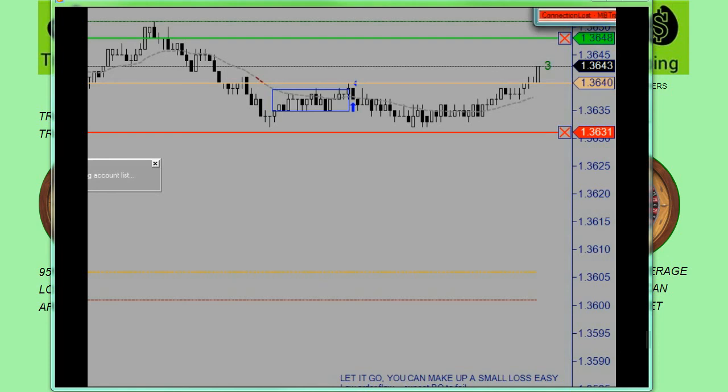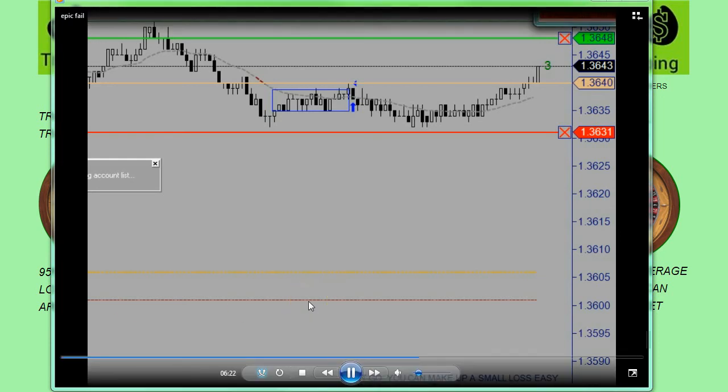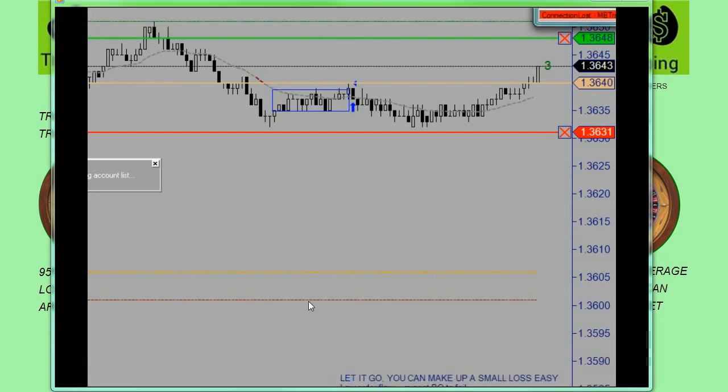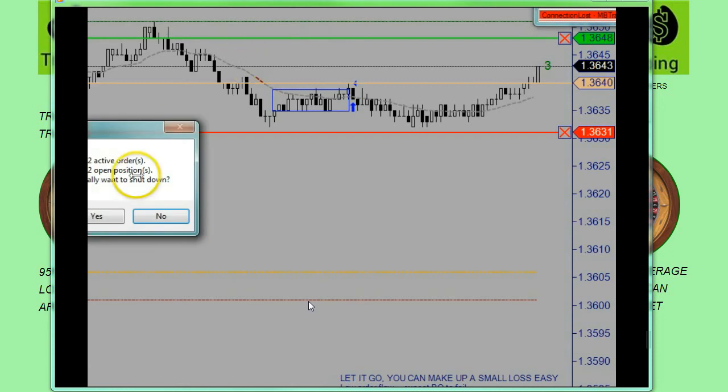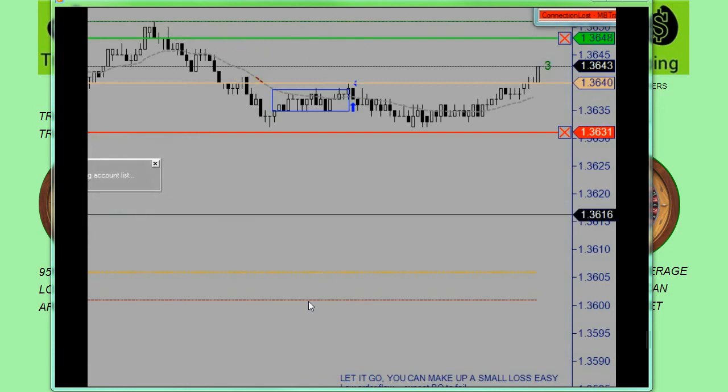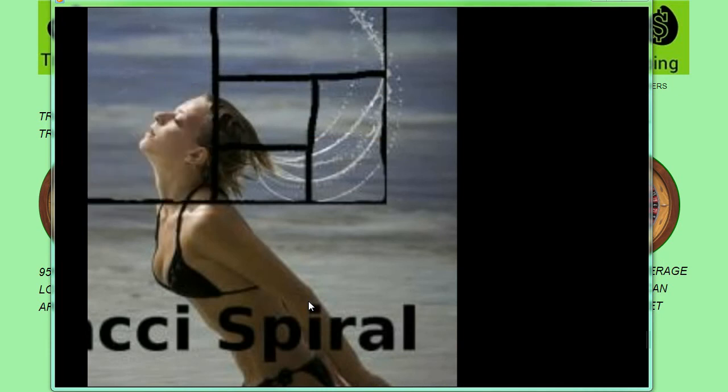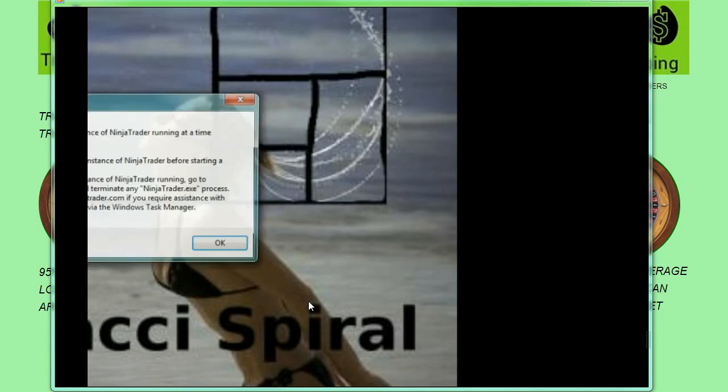It starts to load up pretty good, then it drops out again. This time it screwed up several times in a row, and that ended up really messing up NinjaTrader. So I'm having to close out NinjaTrader, and because of the way it failed, you can see I tried to load it, and now it won't load at all.